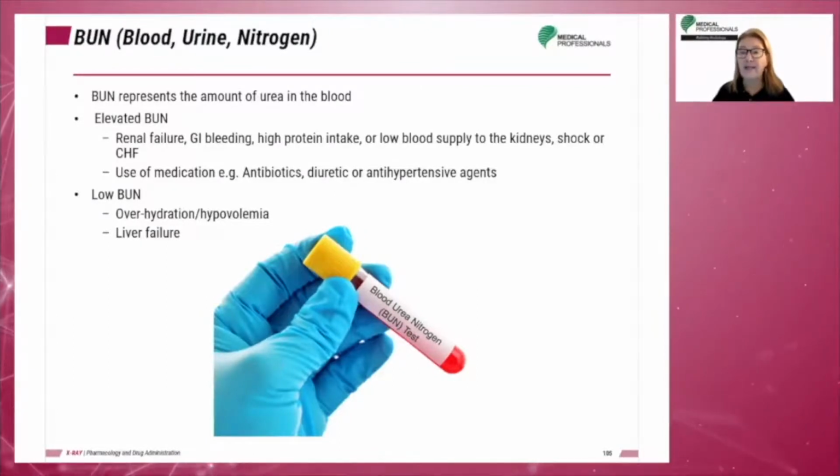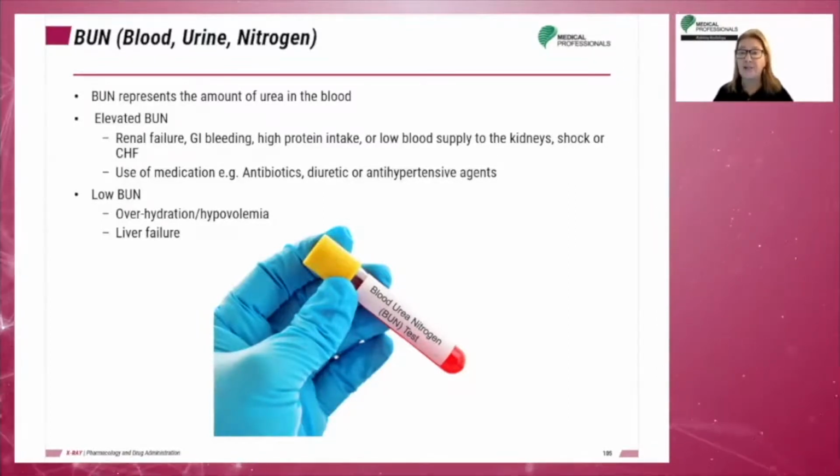An elevated BUN can indicate renal failure, GI bleeding, high protein intake, or low blood supply to the kidneys because of diabetes mellitus, shock, or congestive heart failure.